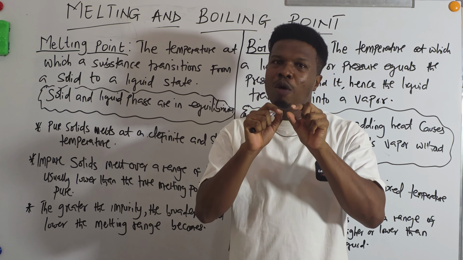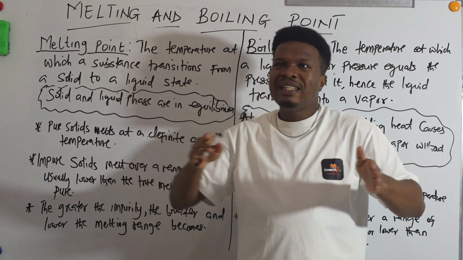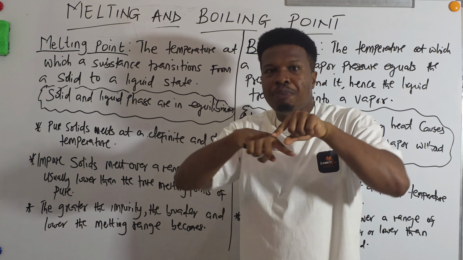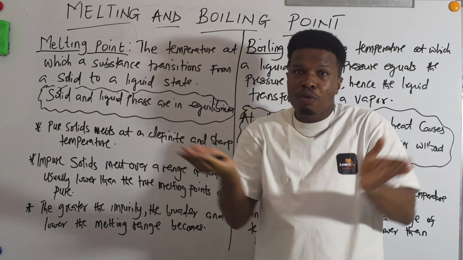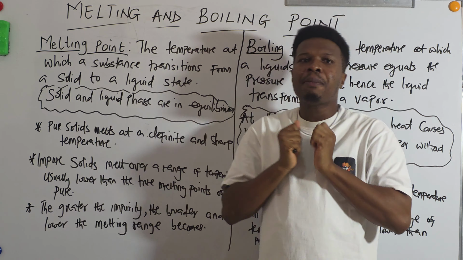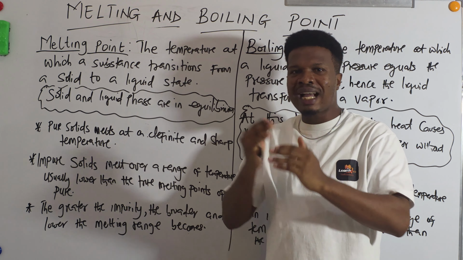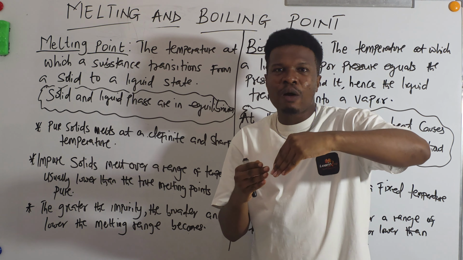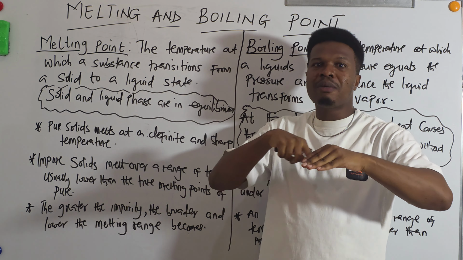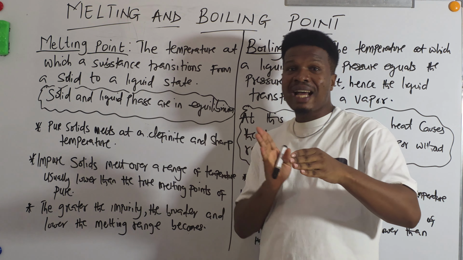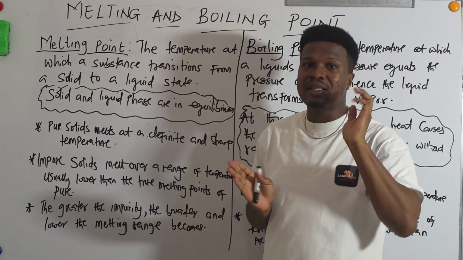That is, it will not be broad, because it is just one thing that is present. There is no impurity present, so everything is homogeneous, so it can easily have a sharp melting point. There is nothing in the substance that will alter the boiling point or melting point as a result of that thing having a different melting point from what is already existing there.